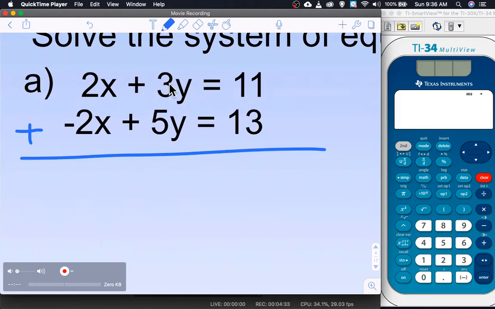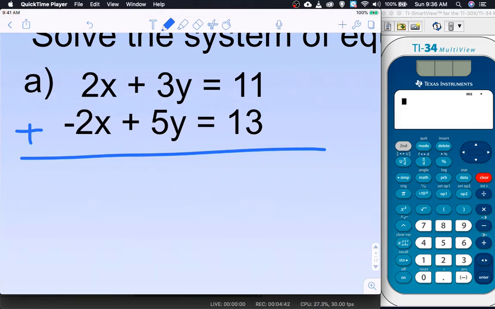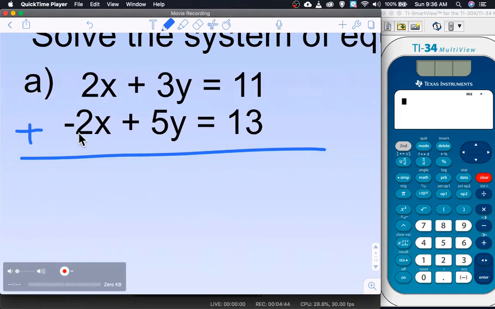In front of my y's, I have a 3 and a 5. Now, this first problem is set up exactly how we want everything set up to use this elimination method. My equations are set up the same. My x's have the same number in front. And the third thing is, we want the signs of that number to be different. I have a positive 2 and a negative 2.